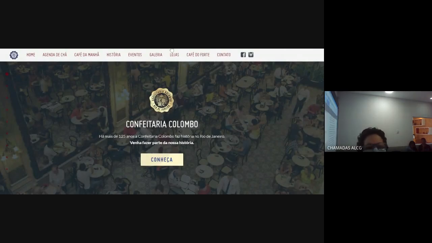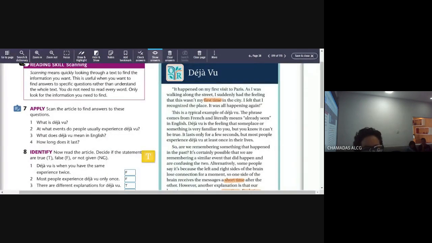Anyway, people, déjà vu. I'm showing you that because when I went to this tea house for the first time, I felt that I have been there before. I was like, I know this place. I was with my mother and I started crying the moment I entered.